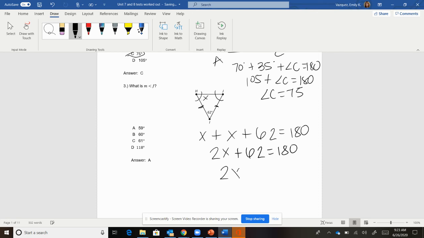And I get 118. Then I'm going to divide by 2, and I get X is 59. I'm going to go back and reread the question because remember, I'm the one that put the X in this. So X does represent angle J and angle H, and the question is asking for me to find angle J, and angle J is also going to be 59, so A is correct.